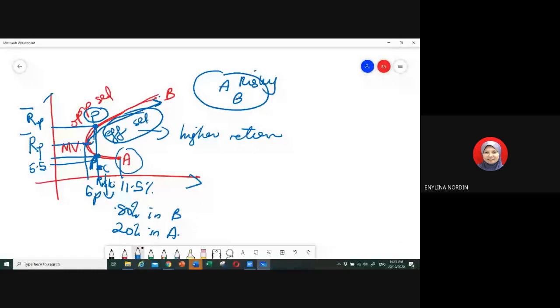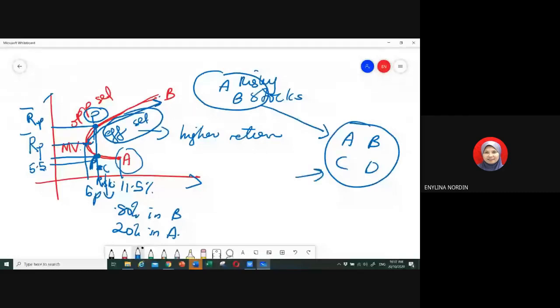What happens if you want to form a portfolio, but this time it consists of A, B, C, D, all risky stocks? So what happens to your opportunity set? Where is the opportunity set? Where is the efficient set?